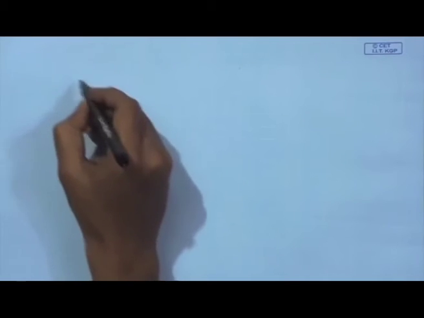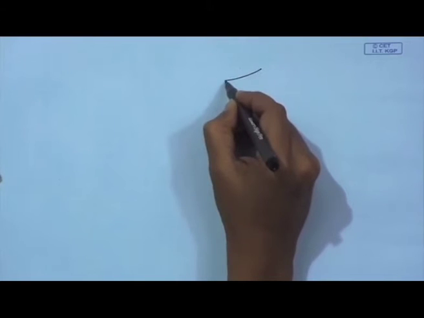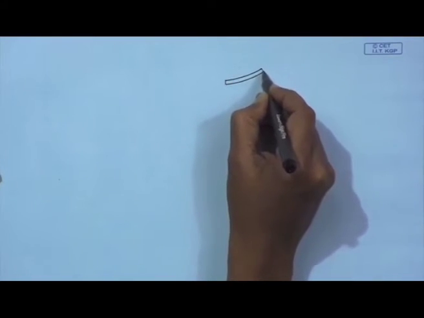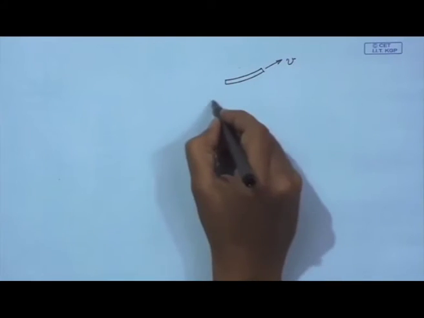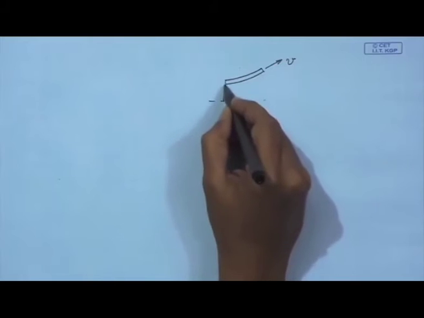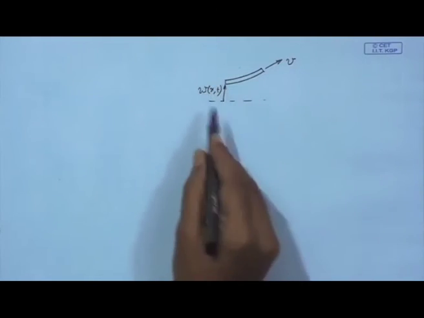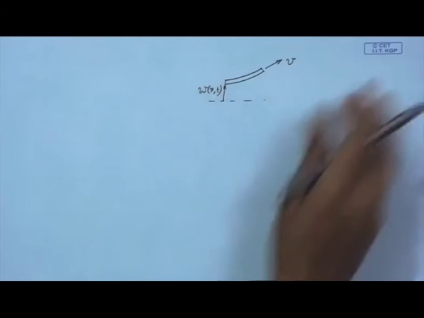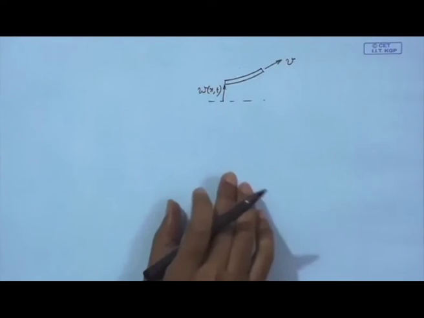Let us quickly look at the string once again. So, here I am drawing an element of that string. Let us quickly understand this equation of motion that we have just now derived from the Newtonian approach.